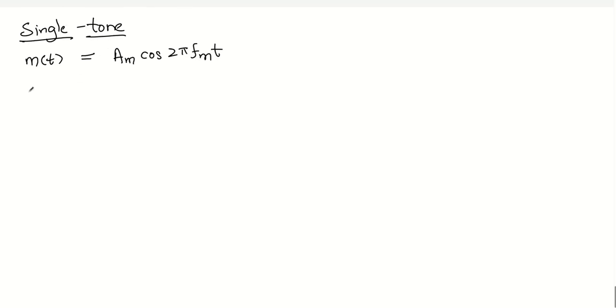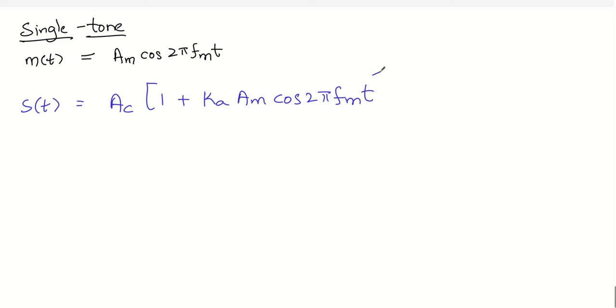s of t equal to Ac into 1 plus Ka Am cos 2 pi fm t, all multiplied by cos 2 pi fc t.